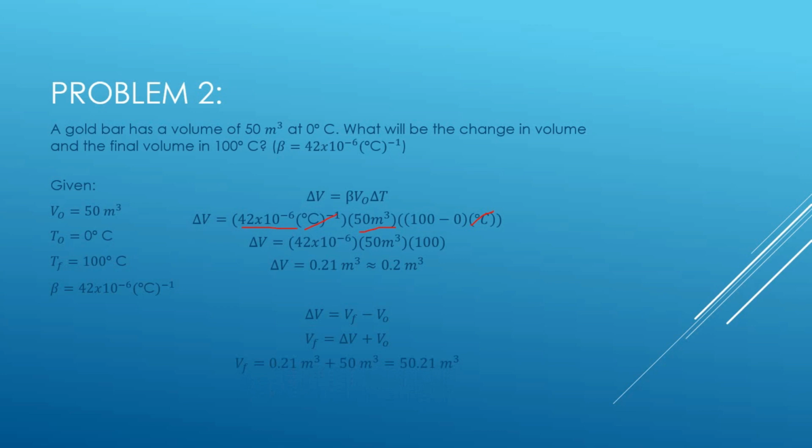As you can see, we didn't use the significant figure here because to find a more accurate final volume, we must use the answer that is not rounded to significant figures.